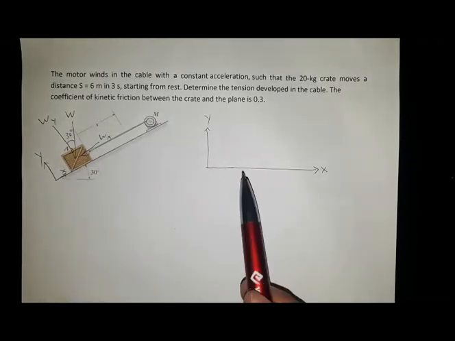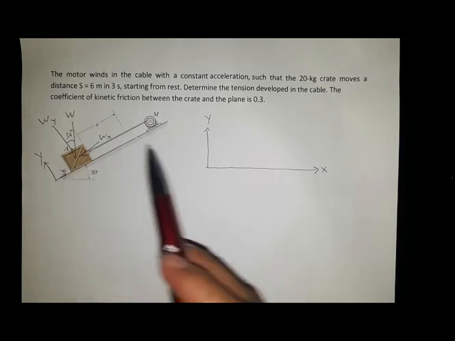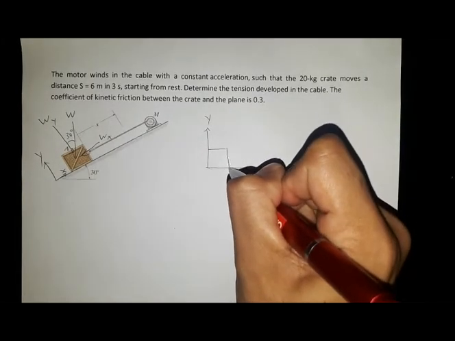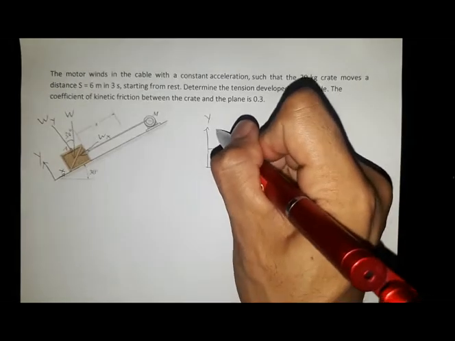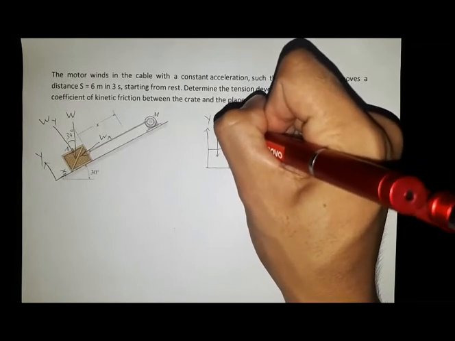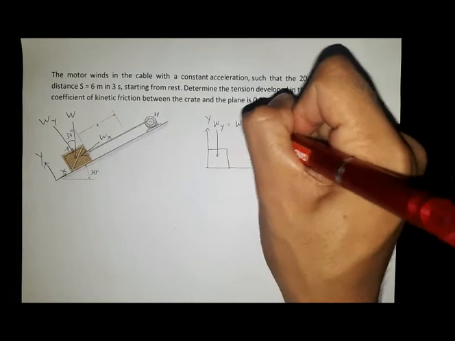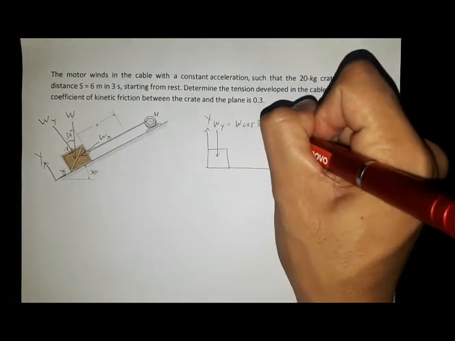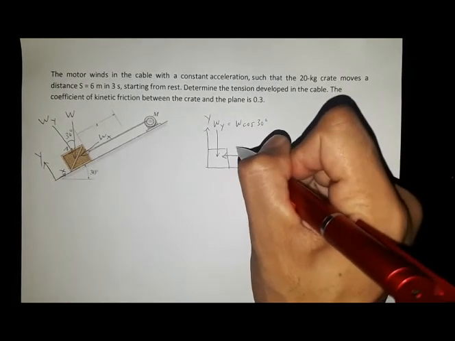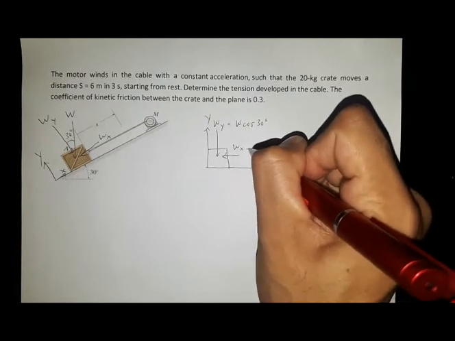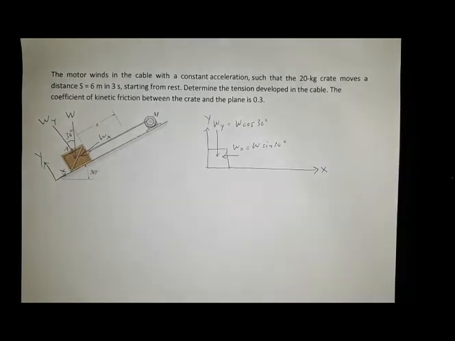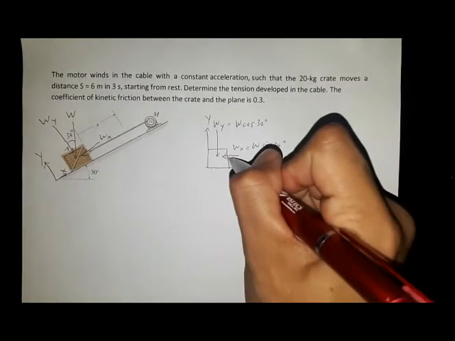Therefore, if we redraw the FBD here, this will be your block with the y component of weight, which is equal to W cosine 30 degrees, and we also have your x component equals W sine 30 degrees.